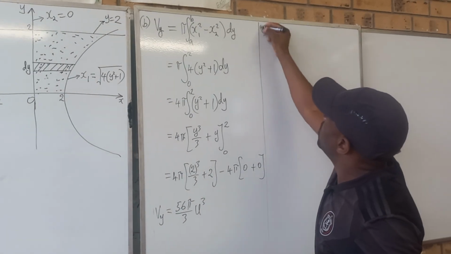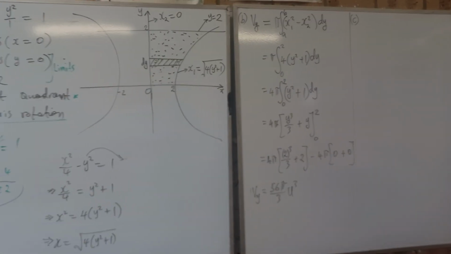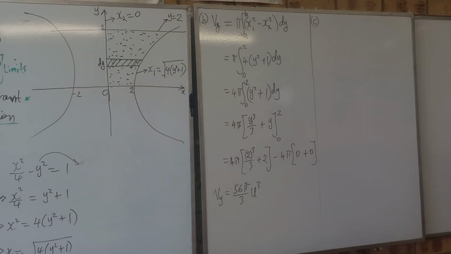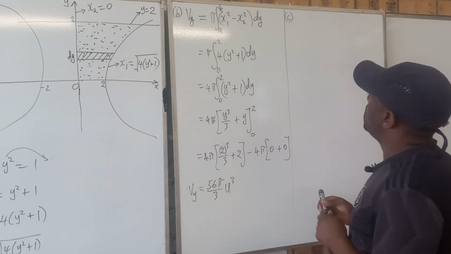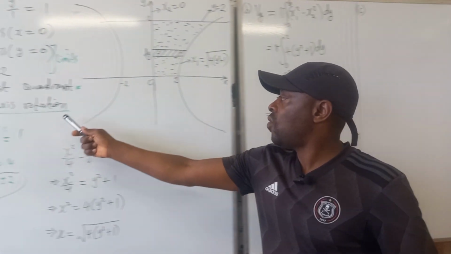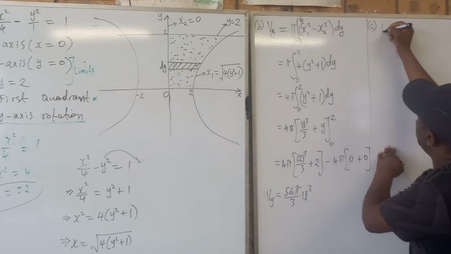So let's now go to the C part, which says calculate the moment of inertia. When I'm calculating moment of inertia, it's as simple as the way we did volume. The first thing is check your rotation. Our rotation was y-axis rotation. So I go to page 6 of my formula sheet.